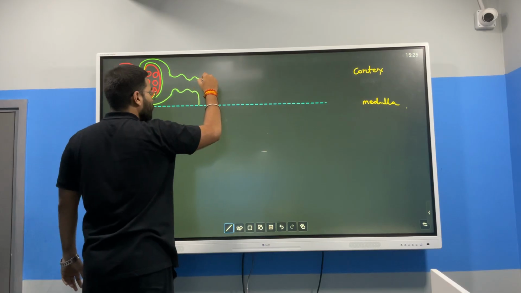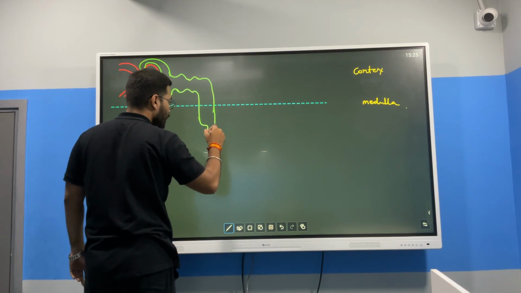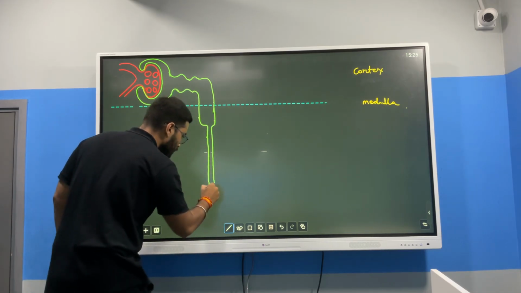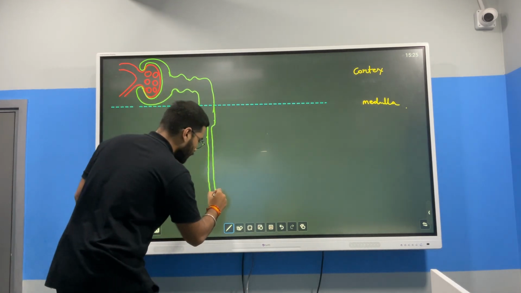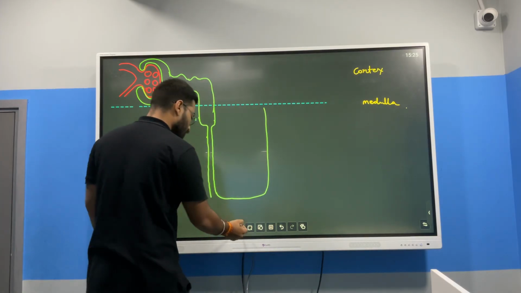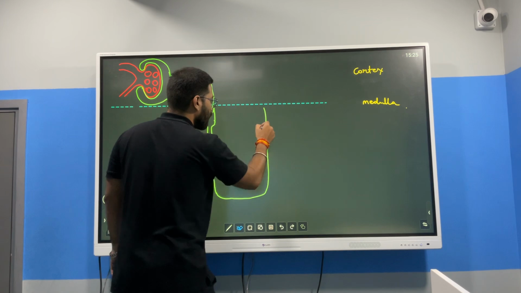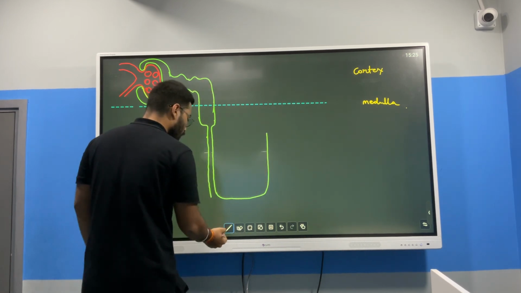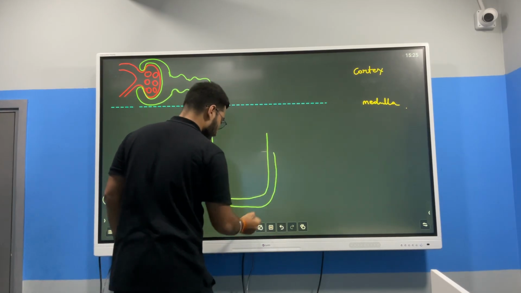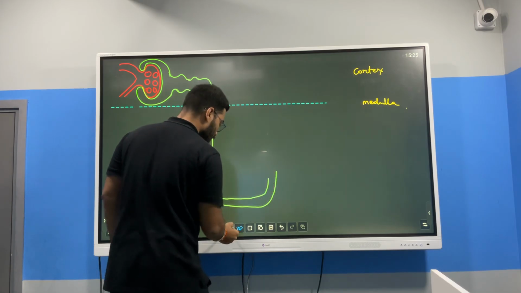and then followed by the loop of Henle, which consists of one descending limb and one ascending limb. But remember, as we studied, the loop of Henle again has two parts, one is the thick part and another is the thin part.